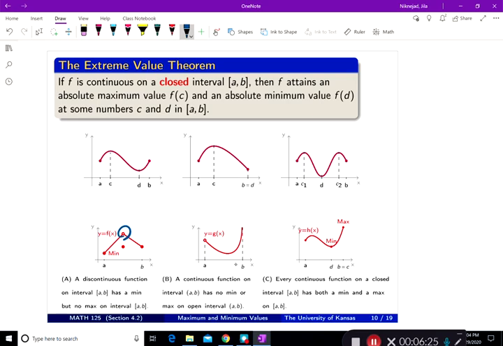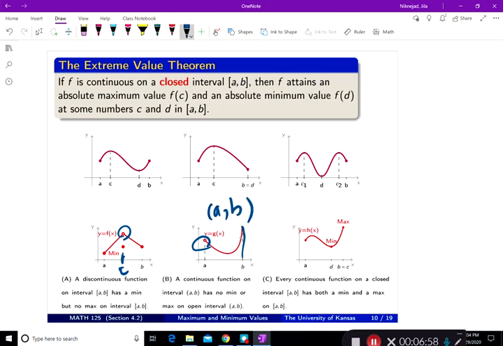So this function f of x was not continuous at this point, let's say point c. Over here, the function is not continuous at the endpoint over here and at the endpoint over here. And b doesn't have a value, and g doesn't have a value over the closed interval. So this domain is not closed. Domain of g is (a, b) open.